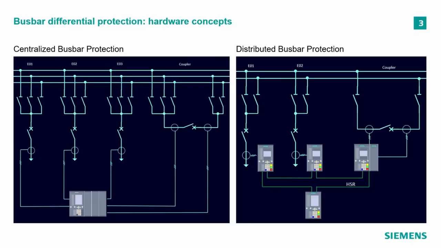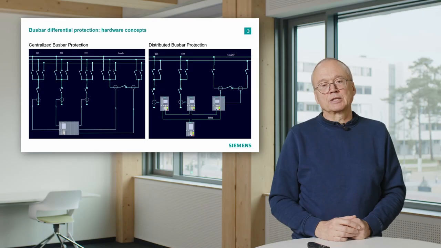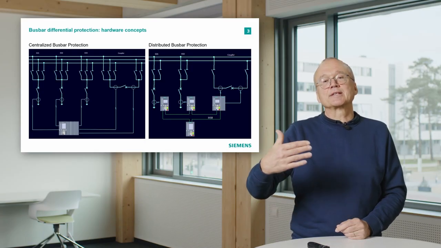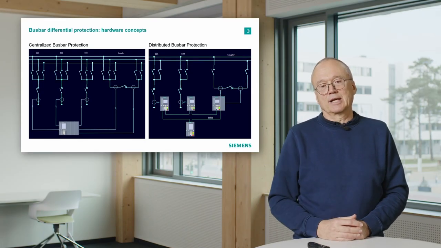What is the difference there? The equation for differential and restraint current, they always have to be done on a central point. That means we must always have one device where everything comes together. But for the distributed busbar protection, the data acquisition is distributed, decentralized.